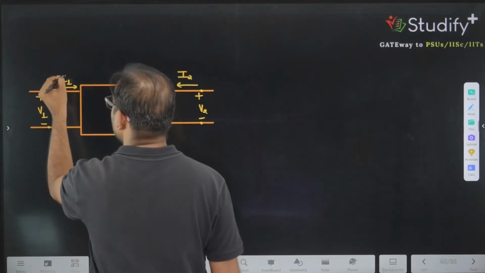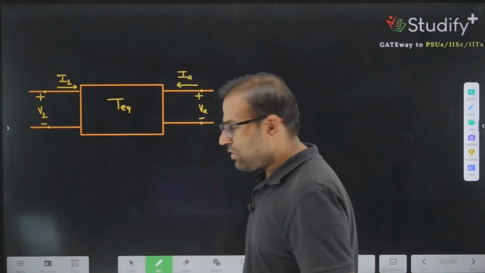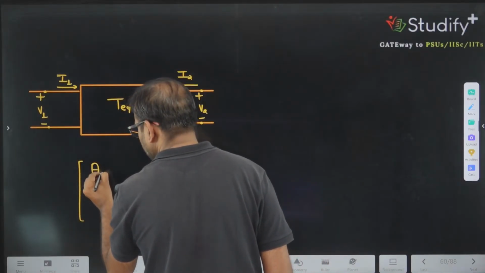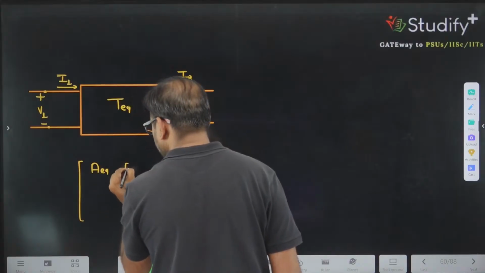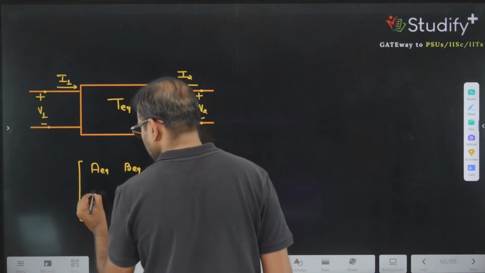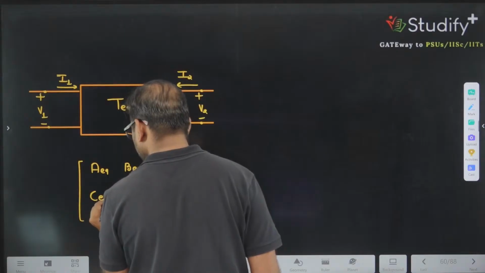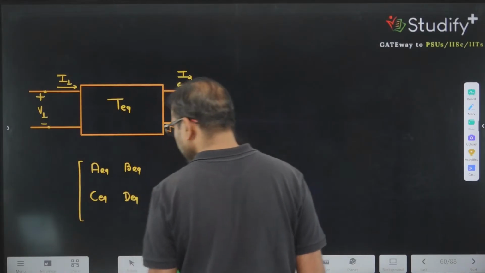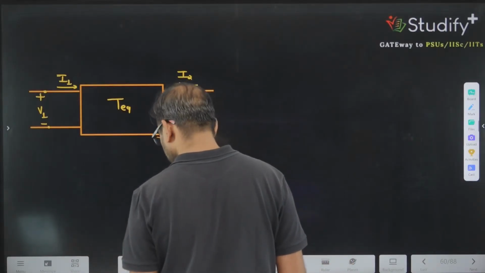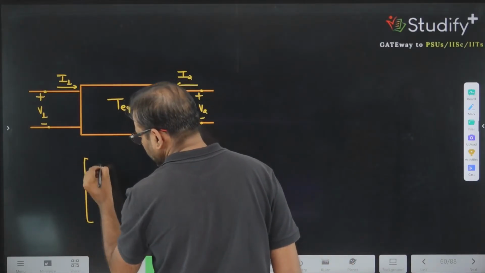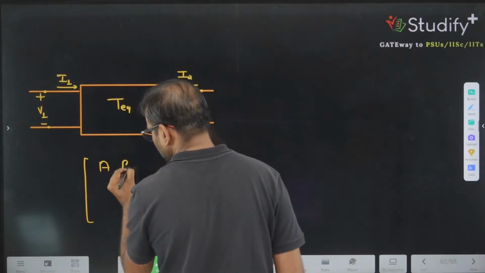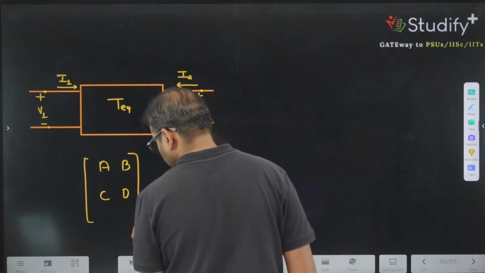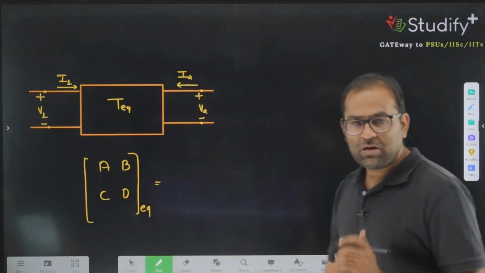Then how will you define the T? If I define T by A equivalent, B equivalent, C equivalent and D equivalent, or a better idea, equivalent ABCD parameter, this is given by this relationship.